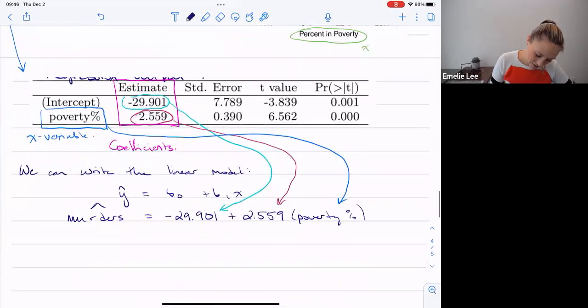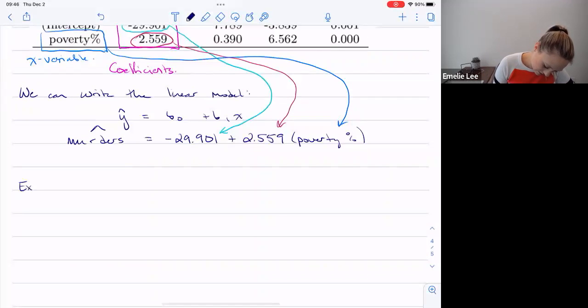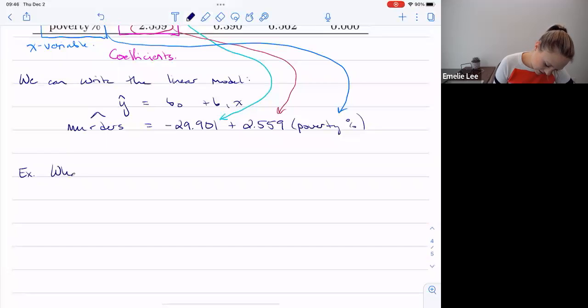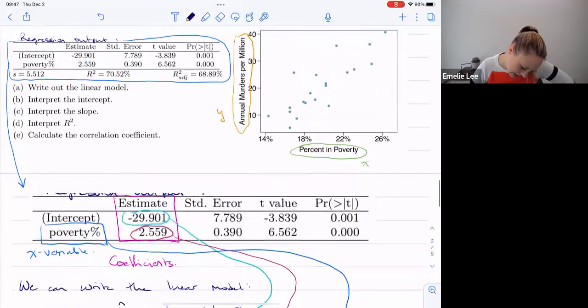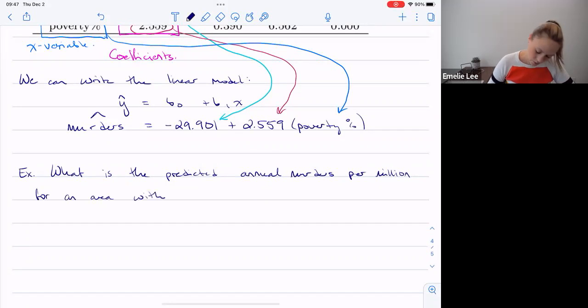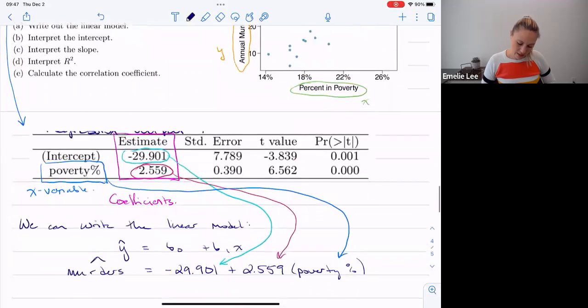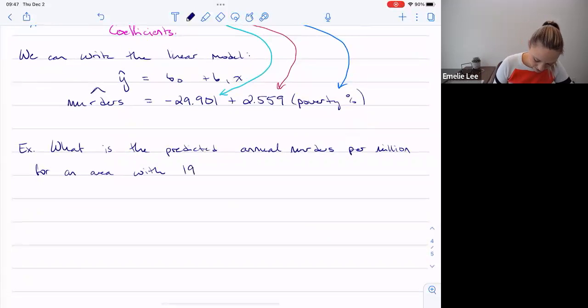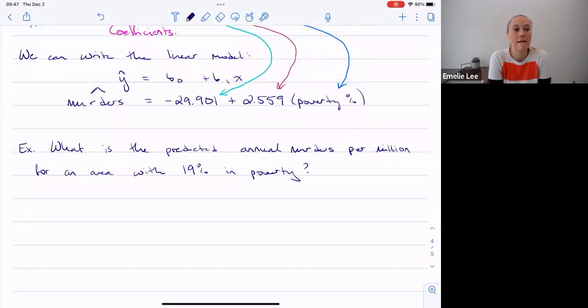And so now, for example, a question would say, what is the predicted annual murders per million for an area with, let's say, 19% in poverty?